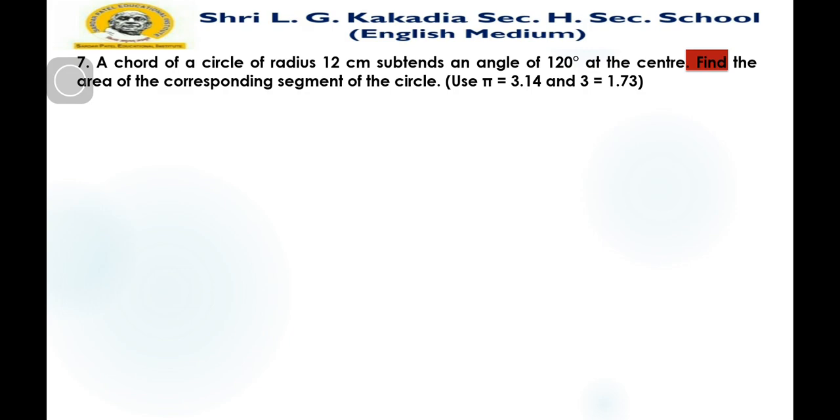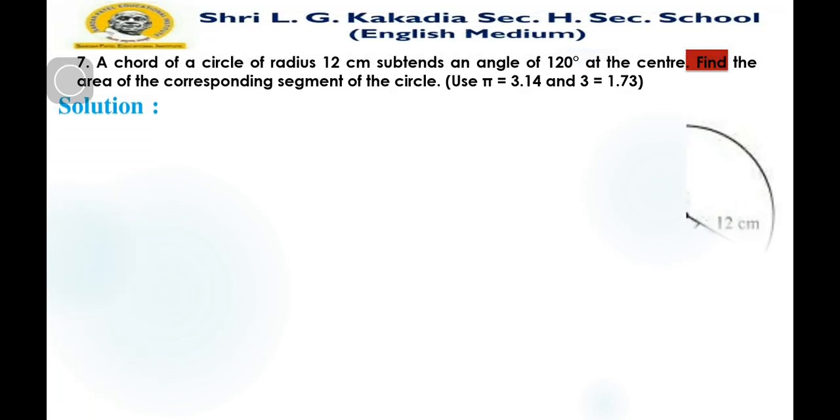Question number 7. A chord of a circle of radius 12 centimeters subtends an angle of 120 degree at the center. Find the area of the corresponding segment of the circle. So here is the solution.